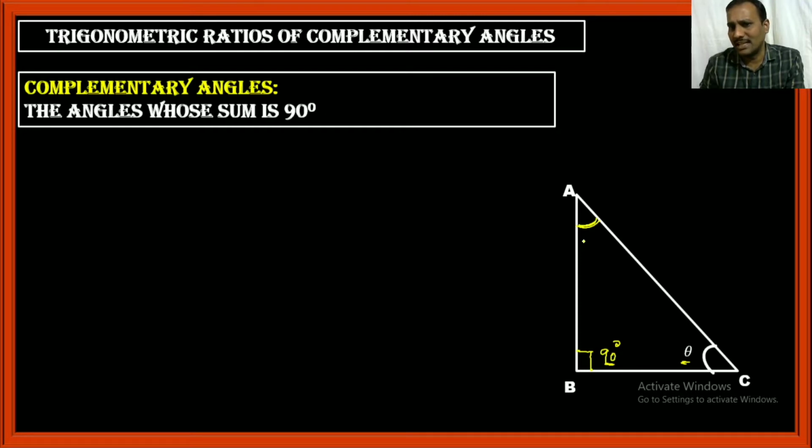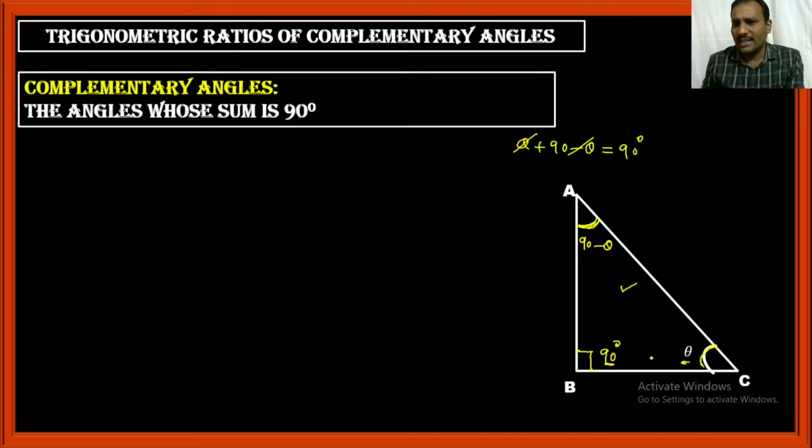So this is theta and this is 90 minus theta. If you want, you can check. Add these two: theta plus 90 minus theta is equal to 90 degrees. Therefore, angle A and angle C are complementary angles. In other words, theta and 90 minus theta are the complementary angles in this triangle. So we discuss these two angles in this session.